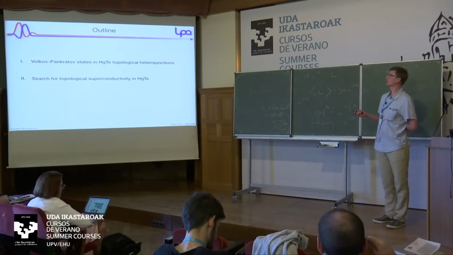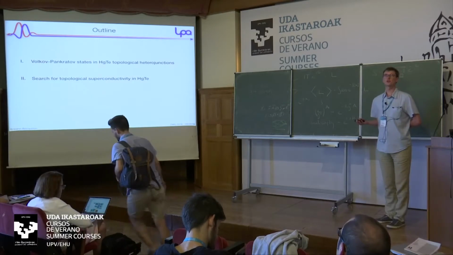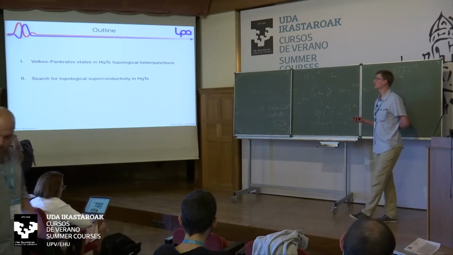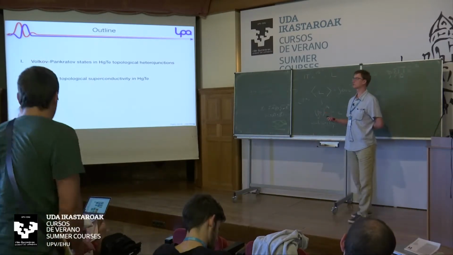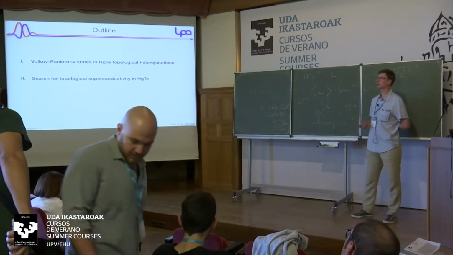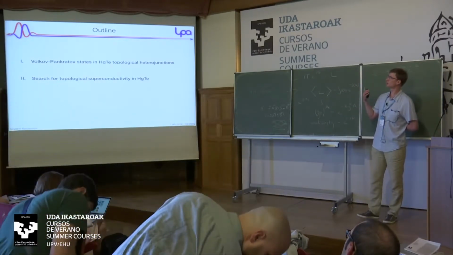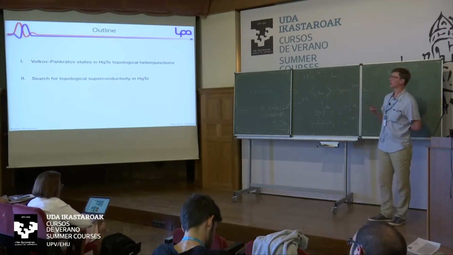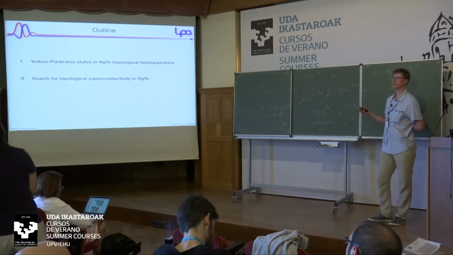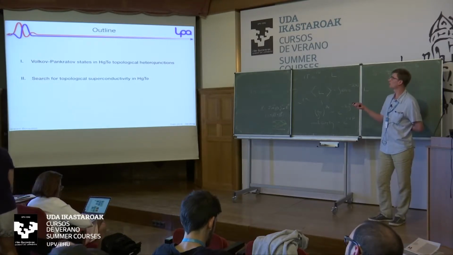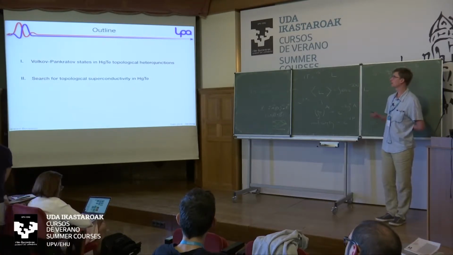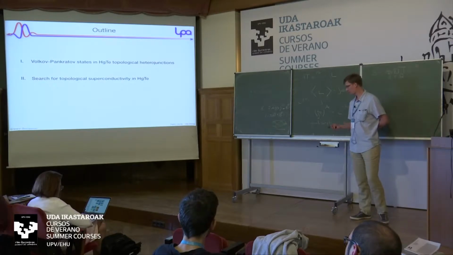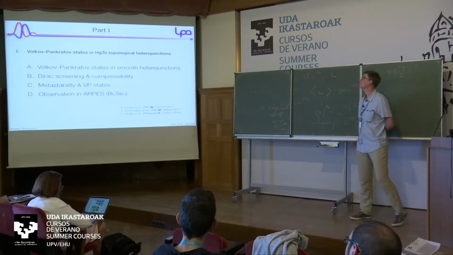And I will try to show you that beyond these topological surface states that most of you know already, there are some additional states which we named simply Volkov-Pankratov states, which are somehow excited surface states and that can play a role in some interfaces or some heterojunctions. And I will try to show you how we've probed this directly in the experiment.